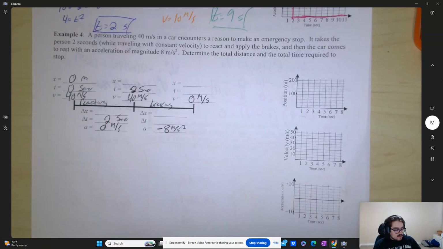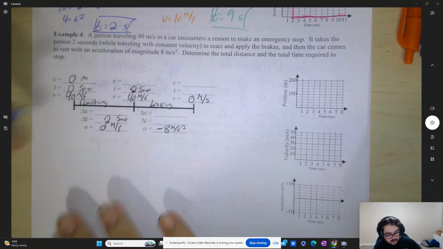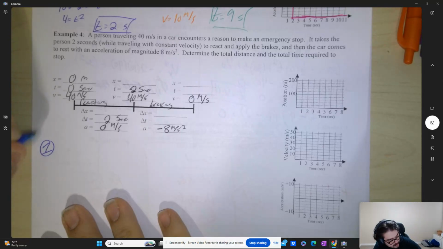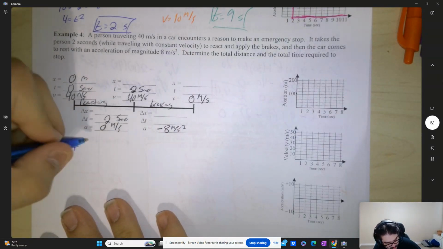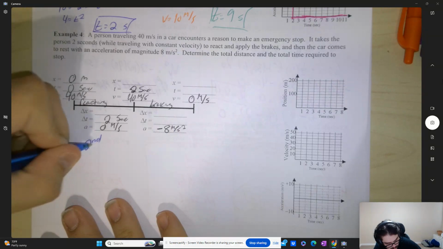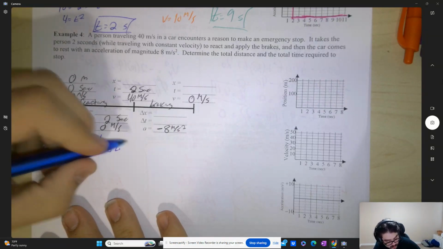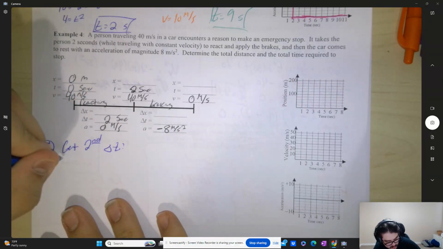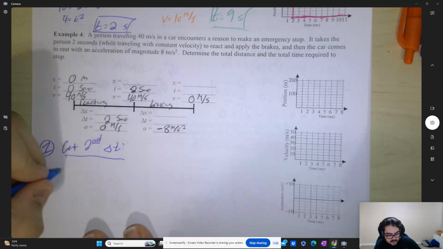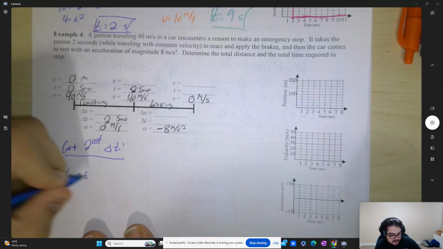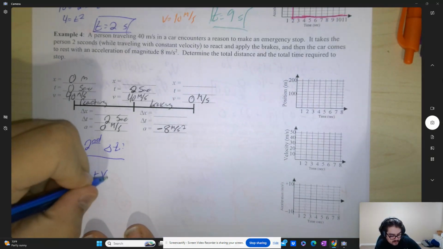Okay, so the first step here, what I'm going to do is get the second delta t, and you can actually solve any of these in any order that you want. So do whatever works best for you. And to do that, I'm going to use v equals a t plus v naught.